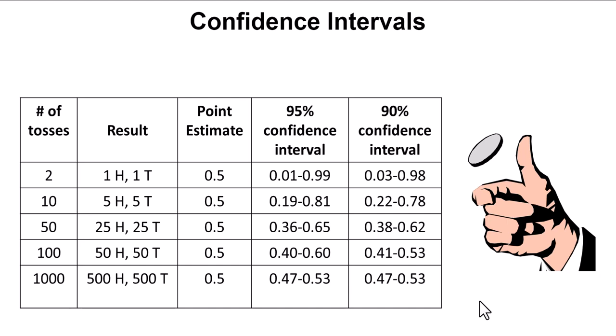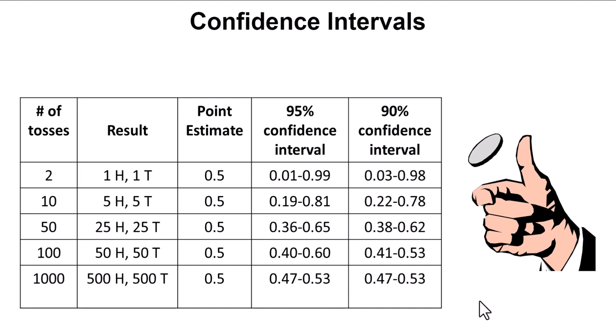You really can't be 95% confident that 50% is really what's going to happen every time, right? Since your real confidence interval, or the range that can be real with only 2 tosses, is anywhere from 0.01 to 0.99 for 95% confidence. And to be 95% confident, you'd have to span from 0.03 to 0.98.